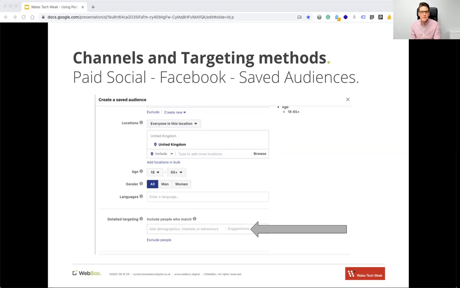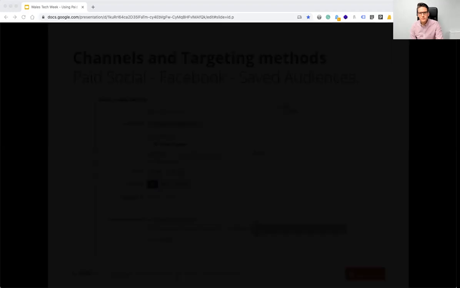So saved audiences. When you create a saved audience, your most important tool is going to be the detailed targeting box. That's the one the arrow is pointing to on the screen. This allows you to target people based on their interests, location, demographics and behaviours. And you can also exclude people with particular interests as well.